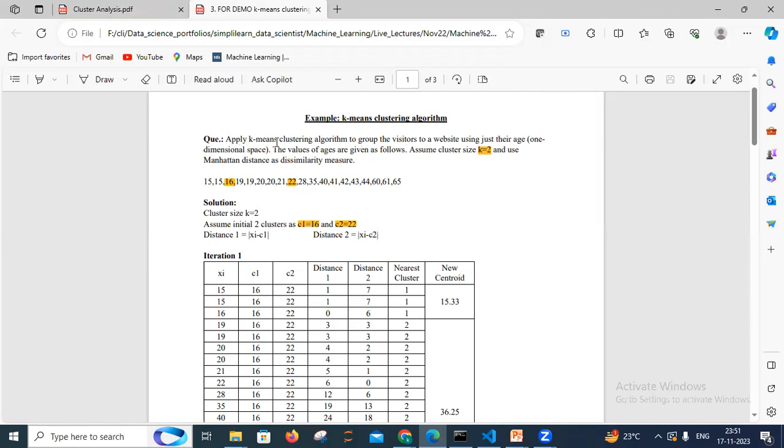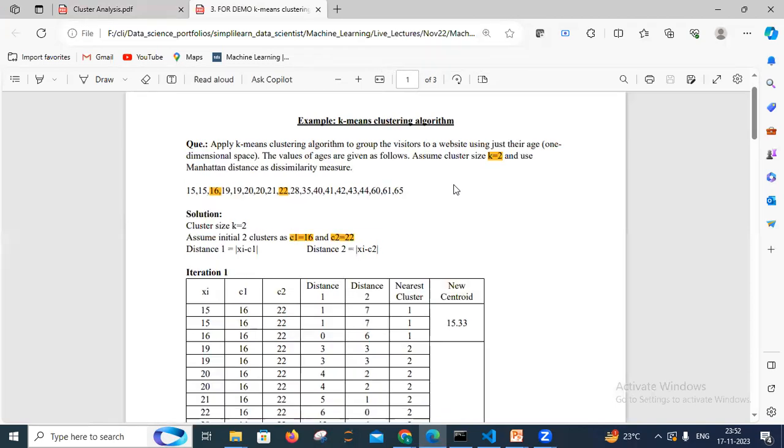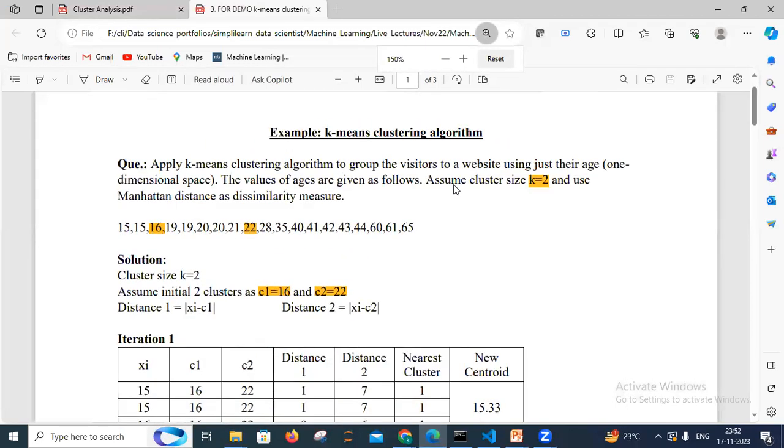You have to apply the k-means clustering algorithm to group the visitors to a website using just their one-dimensional space.